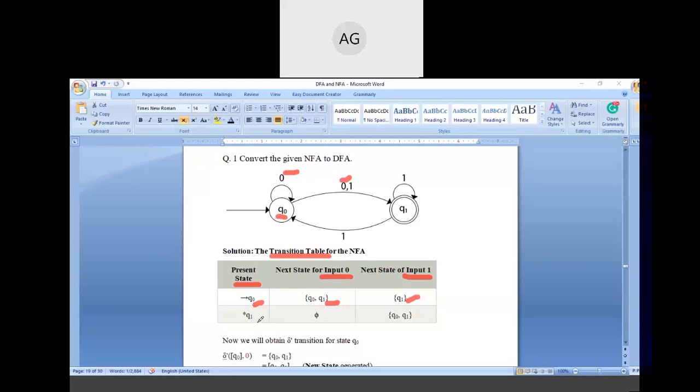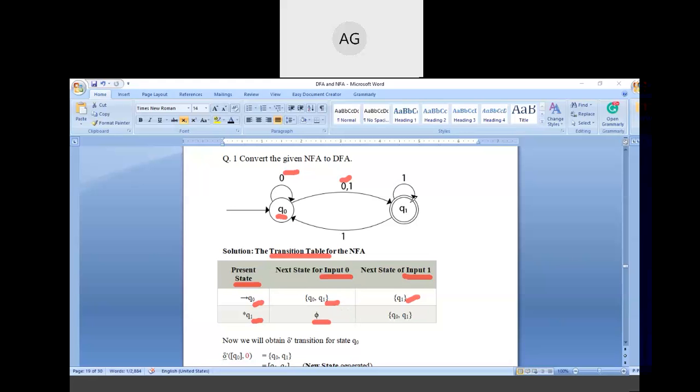Now we can move to the present state q1, and this q1 is also the final state. As you can see here, the double circle is on q1, so q1 will behave as the final state. On getting input 0, as you can see on q1, there is no transition for input symbol 0, so we can write phi corresponding to input symbol 0.